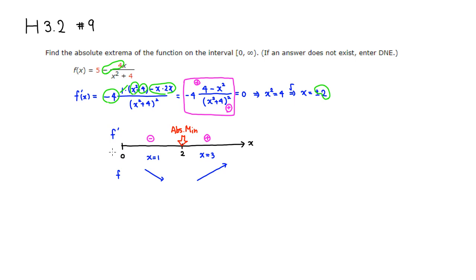So f of 0 is pretty easy to evaluate. If you plug in 0, the second term becomes 0, so this is going to be 5. Then if you look at this carefully, 5 is the largest number this function can achieve, because here you are subtracting.